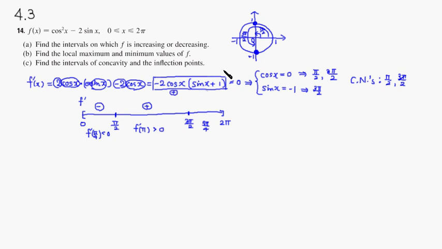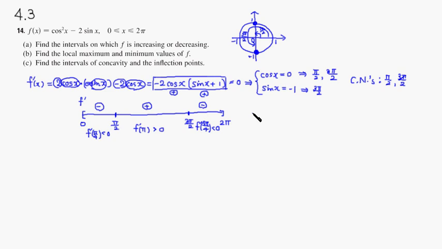The sine is negative, but still greater than negative 1, so sine plus 1 is positive here. So you have negative 2 times positive times positive, which is negative. So f prime of 7 pi over 4 would be negative. So we have that.